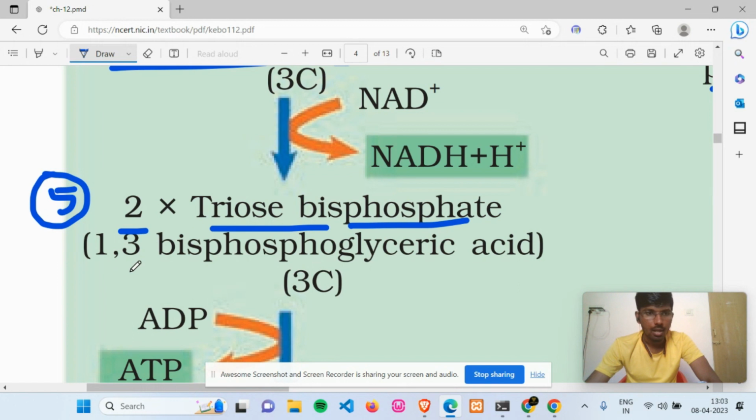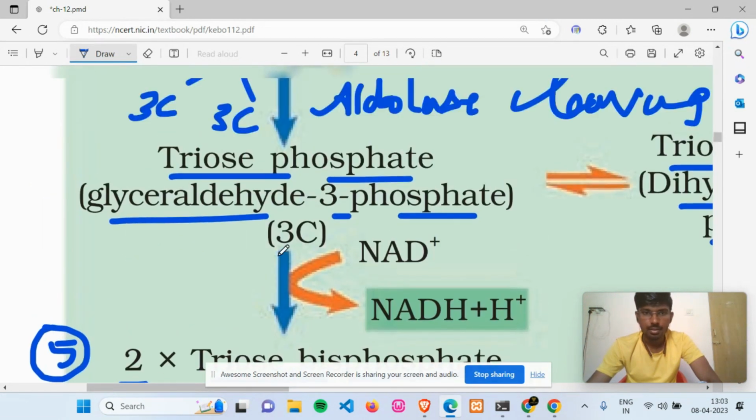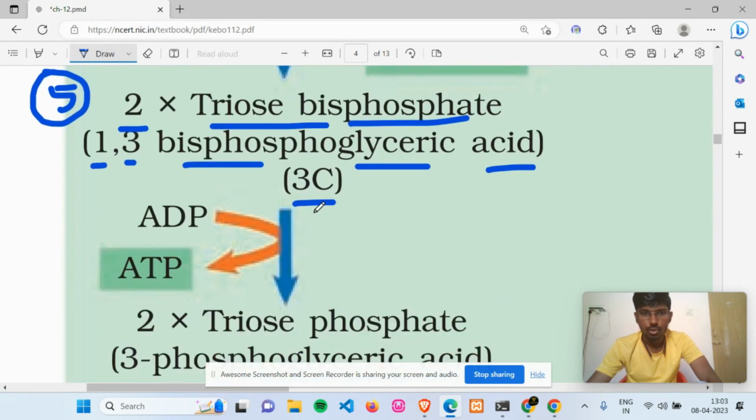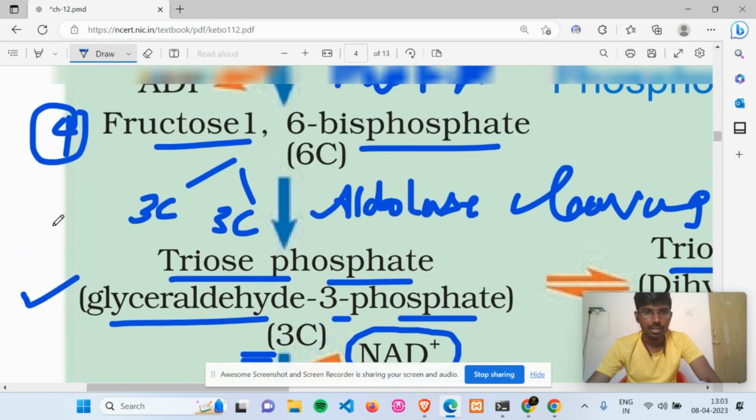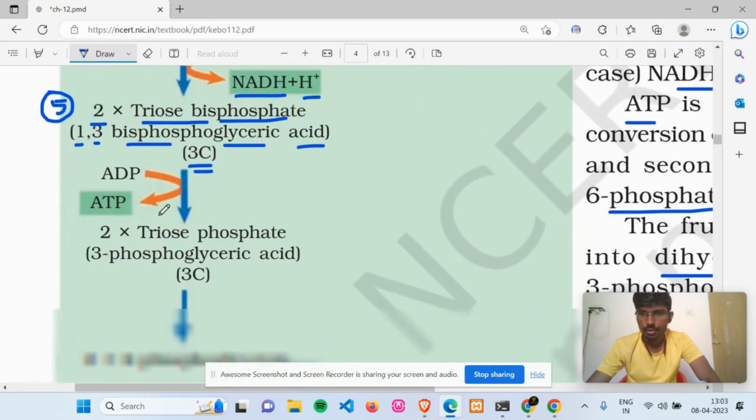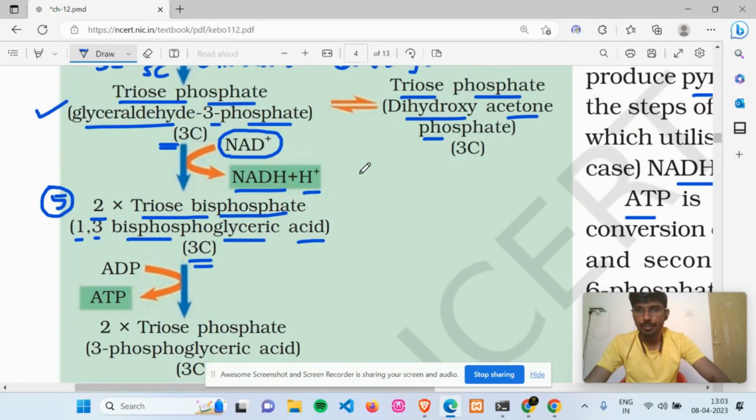That is 1,3 bisphosphoglyceraldehyde. As this is a 3 carbon compound, this is also a 3 carbon compound. Here using the NAD plus, it is getting converted into NADH and H plus. So in the fifth step also it is getting converted. We have to note that.